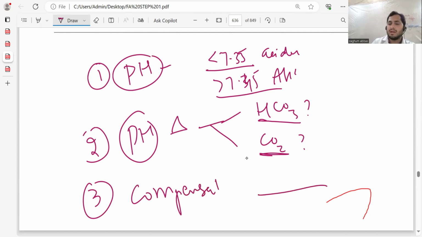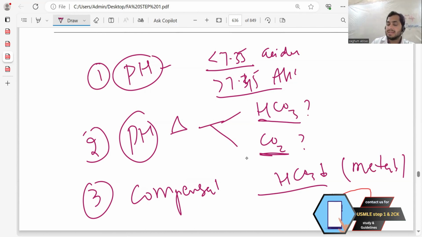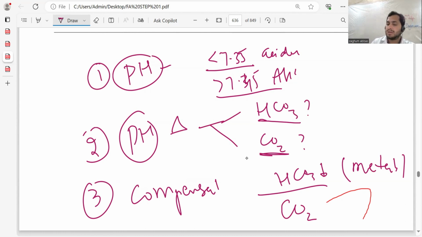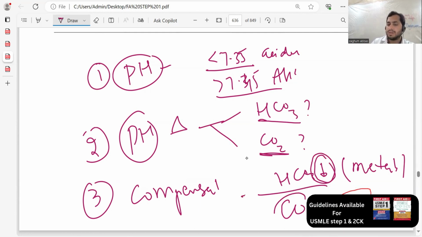For example, if bicarbonate is decreased, suppose that is your metabolic component, its compensation is done by carbon dioxide. So what you will do? Hyperventilation. To compensate, you have to lower your carbon dioxide level.